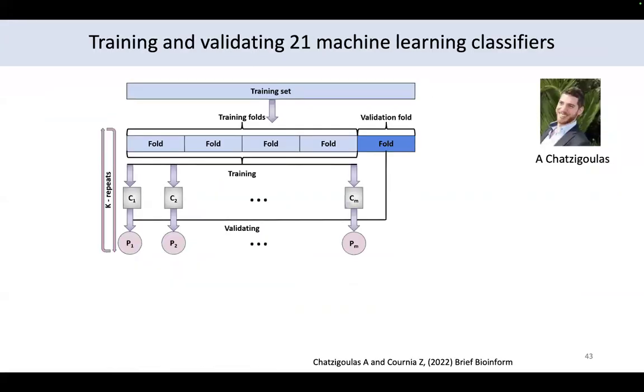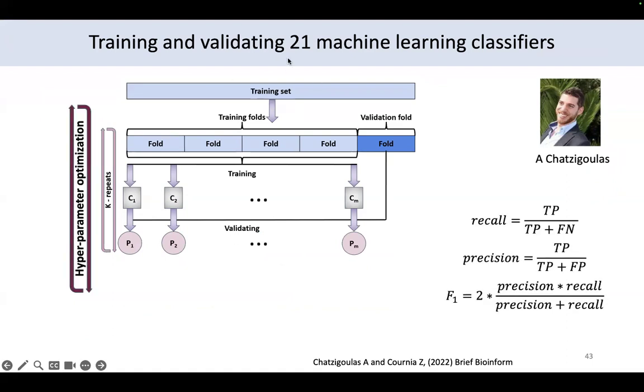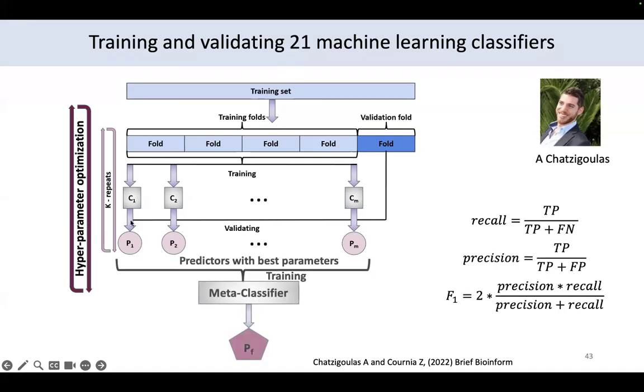So with my colleague Alexis Hadjigoulas, who was doing a PhD back then, he trained and validated 21 machine learning classifiers, and after doing hyperparameter optimization, he provided the results to meta-classifiers. What is a meta-classifier? It basically takes the results of the 21 algorithms and the different hyperparameters and votes as to what is the best classification scheme for the problem that we want.